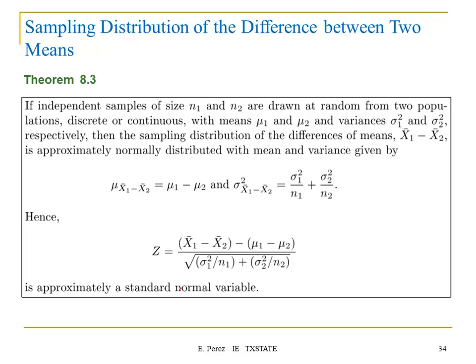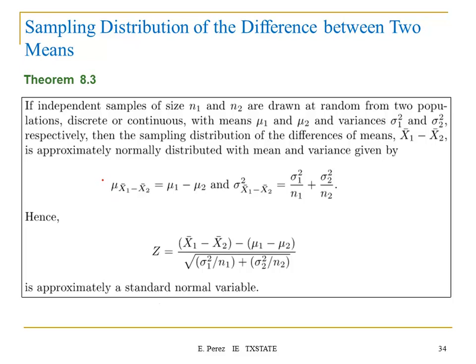If independent samples of size n1 and n2 are selected from two populations, discrete or continuous, with means mu1 and mu2, and variances sigma 1 squared and sigma 2 squared, then the sampling distribution of the difference of means, x bar 1 minus x bar 2, is approximately normally distributed with mean and variance given by these two equations.